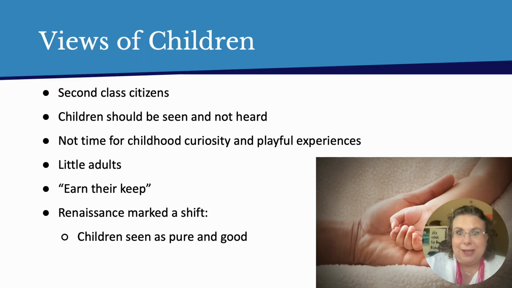So, as we're talking about history, which is this first unit, we need to talk about what are the historical perspectives of children. Now, I will say that this class is somewhat limited and our text is very limited in that it only really talks about the Western or European and American thought processes around children and child rearing.